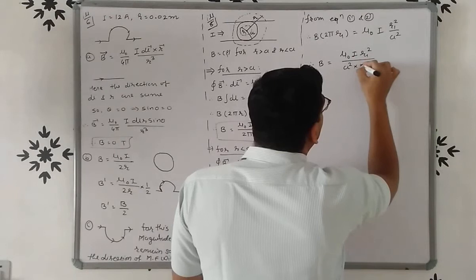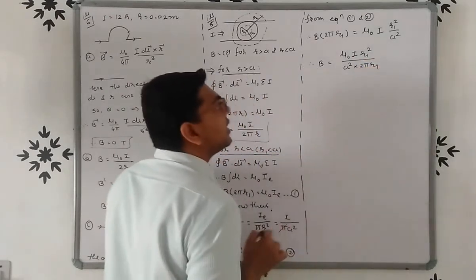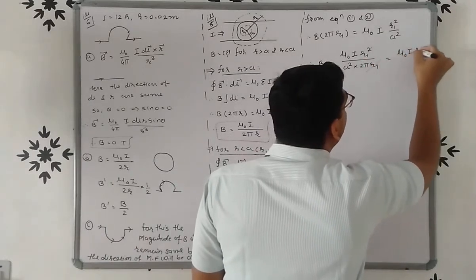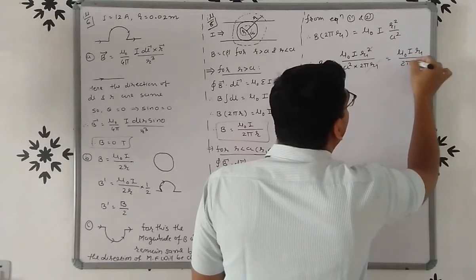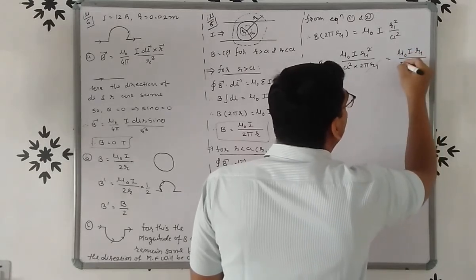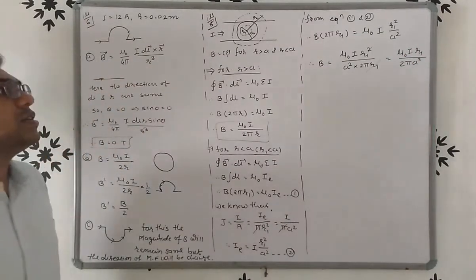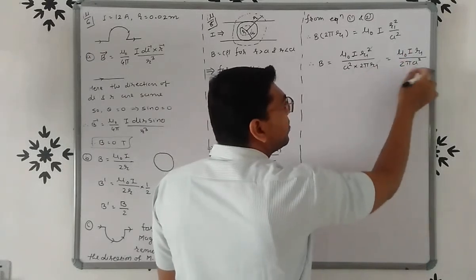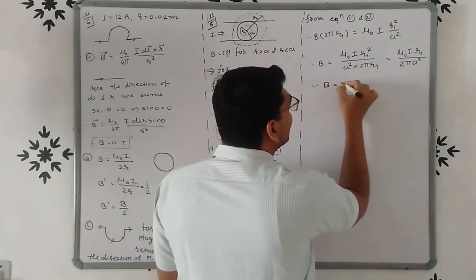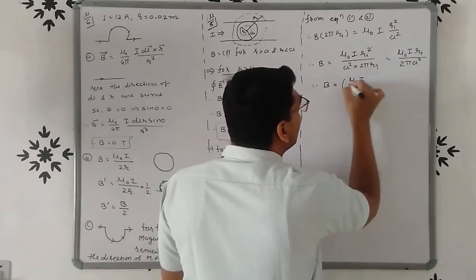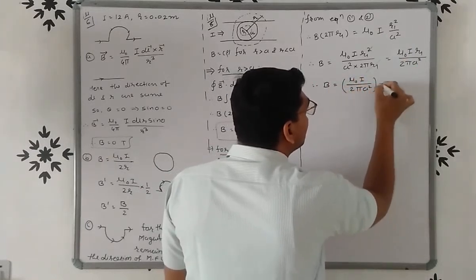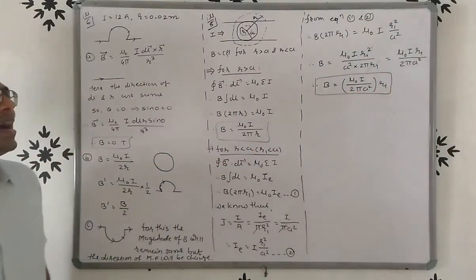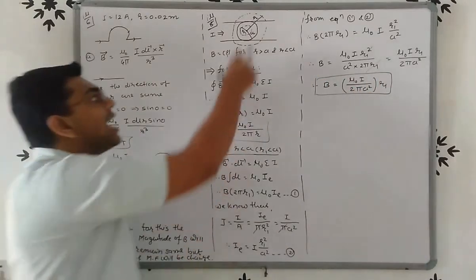This 2 pi R1 goes into the denominator like this. So here this R1 cancels. So mu 0 I R1 upon 2 pi A square. Right? So the magnetic field will be mu 0 I R1 upon 2 pi A square. So we can write the equation as mu 0 I upon 2 pi A square as it is, into R1, because these terms mu 0, I, 2 pi A square remain the same, only R1 will change.